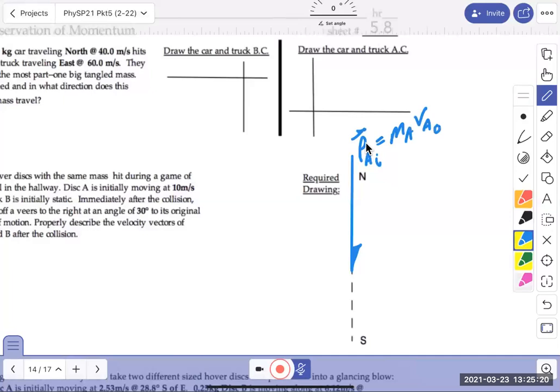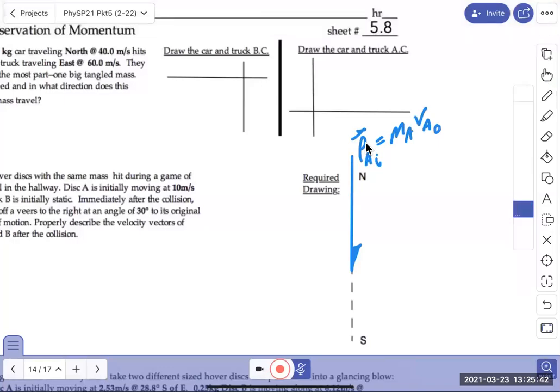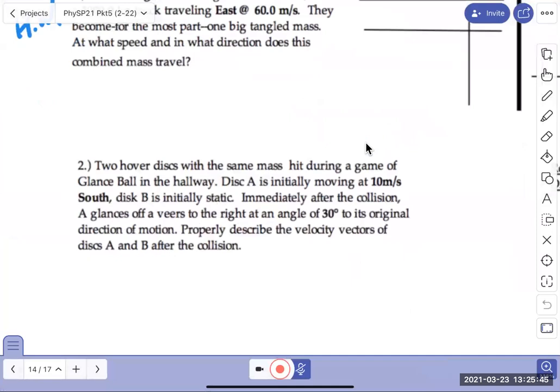I think old school engineers will still use naught, and I'm kind of old school, so I use naught for kinematics and I use I for other things. Doesn't matter. So that's what we have, and then we know that it comes off. It's going to veer. A veers to the right. Hold on. Immediately upon collision.